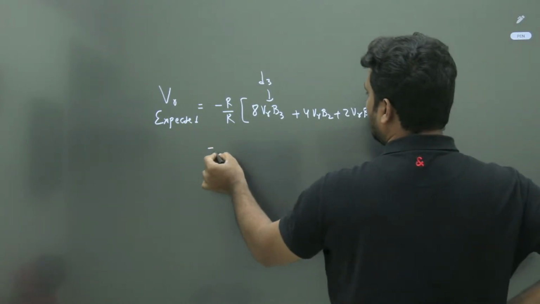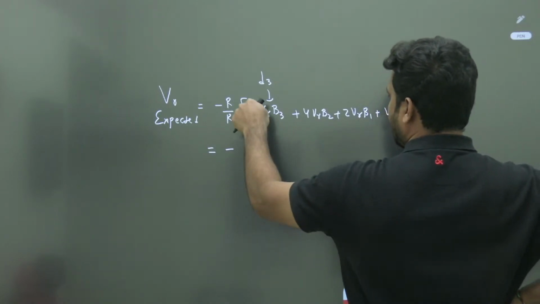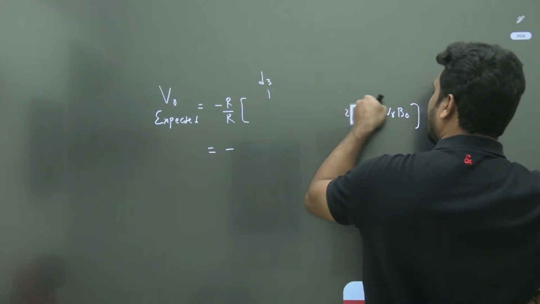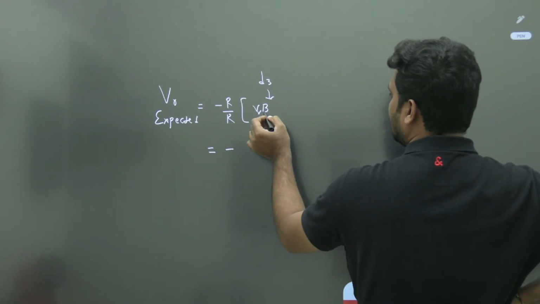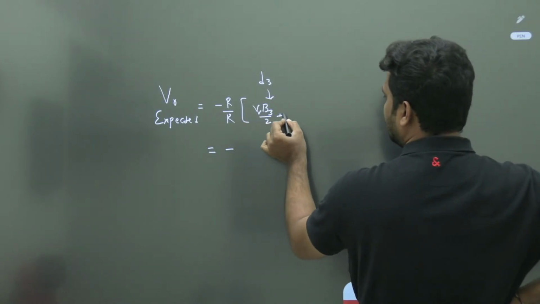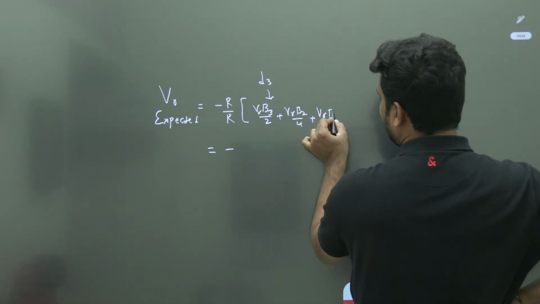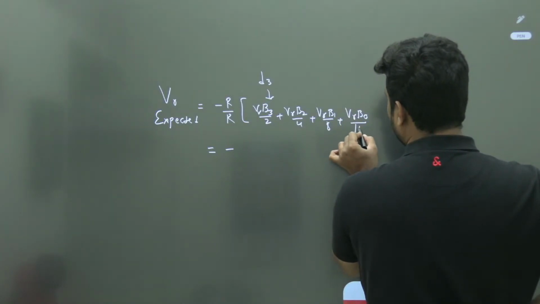So I can say it is minus VR into V3 by 2, VR into V2 by 4, VR into V1 by 8, VR into V0 by 16.